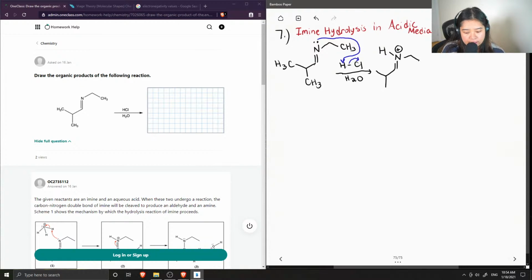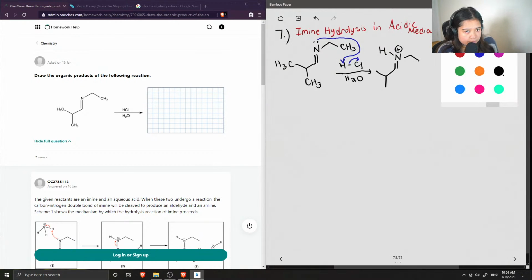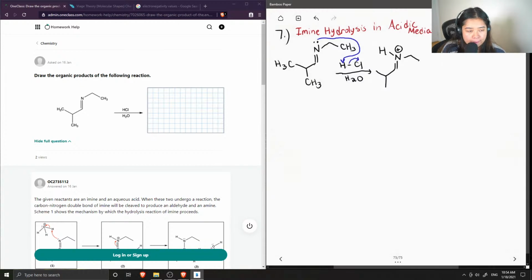And it still has that ethyl group sticking out. And what happens next is one of the water molecules will come in and try to relieve that positive charge by attacking this carbon here and reducing that double bond.